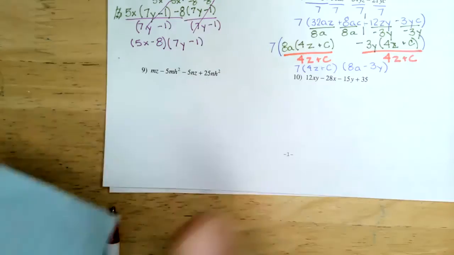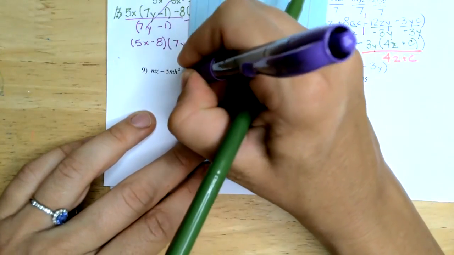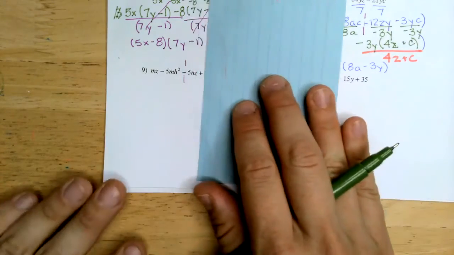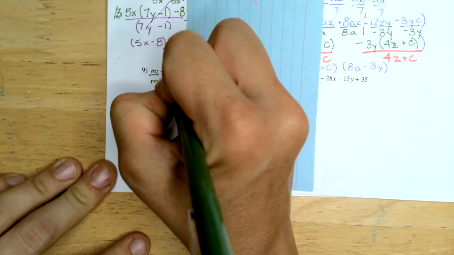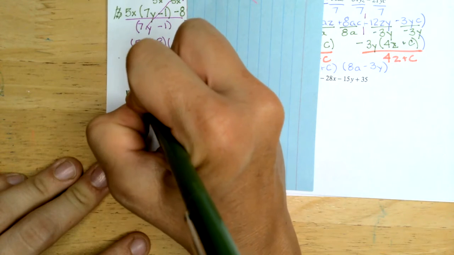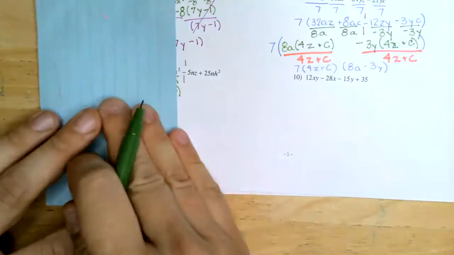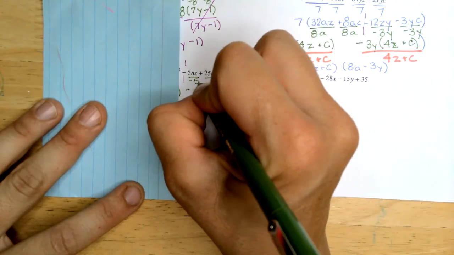Right. Here we have MZ minus 5MH squared. I can factor out an M. So M on the outside, Z minus 5H squared. Over here is a negative. So I'm going to factor out a negative 5N.